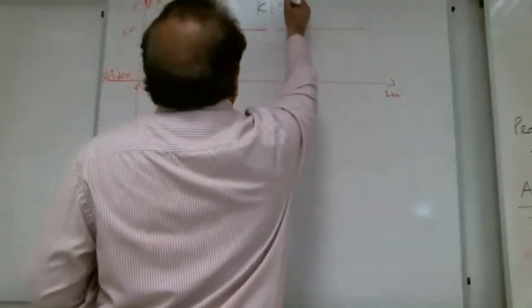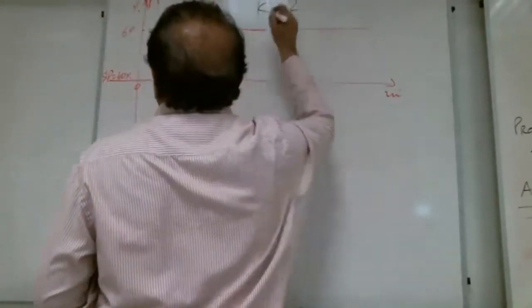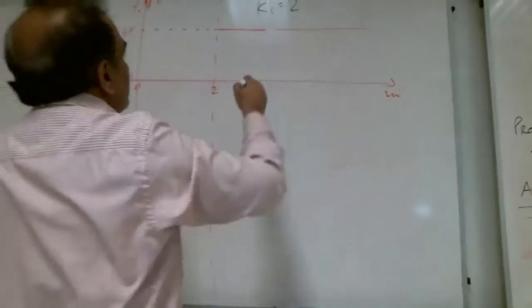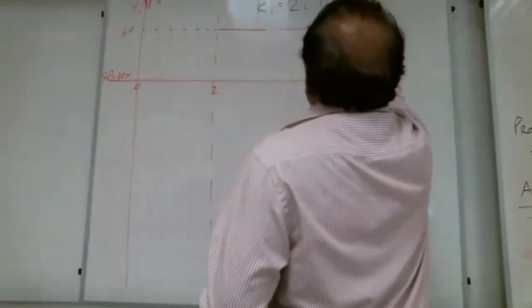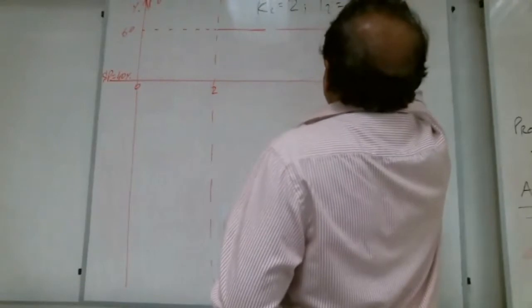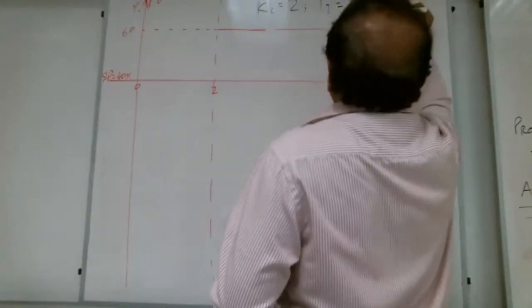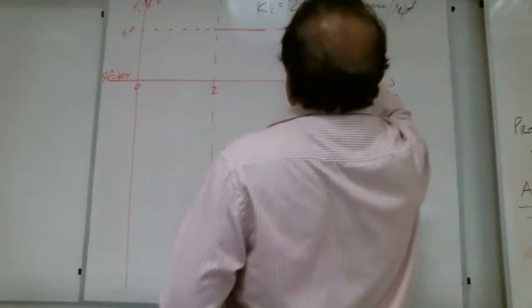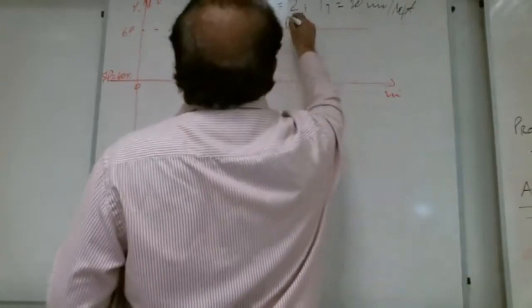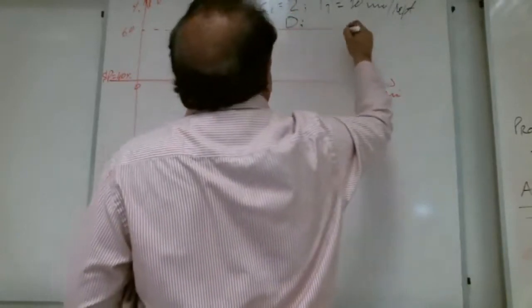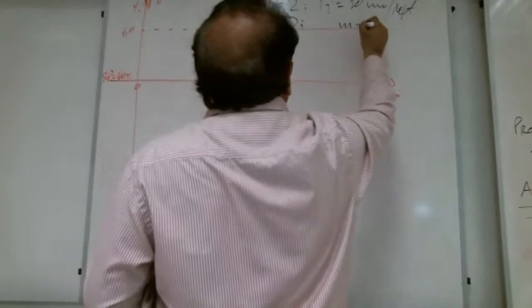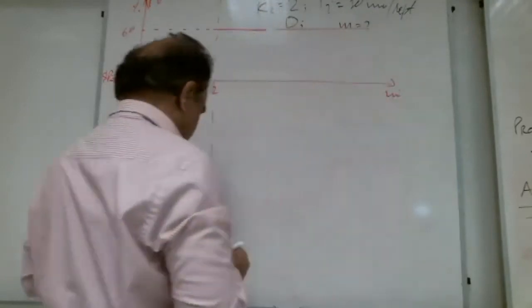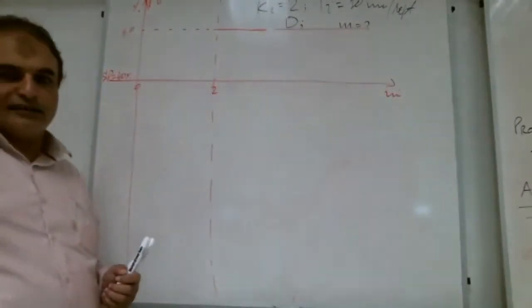Kc is 2. Integral time is 10 minutes per repeat. Action is direct. Find the output and draw it.